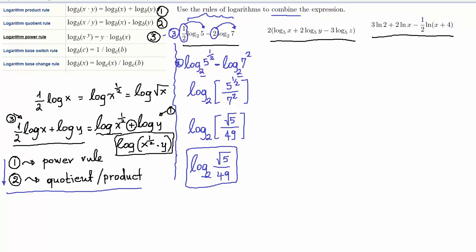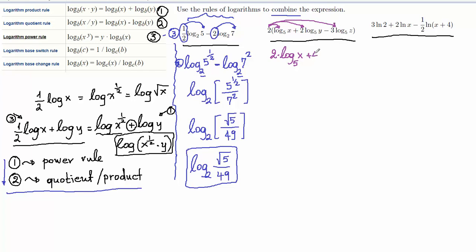Let's look at the second problem. Well, in the second problem, what I have is a parenthesis. A parenthesis goes first, so as always, I need to, first of all, distribute the 2 to each one of the logarithms. So I need to multiply this with each one of the terms inside my parenthesis, right?